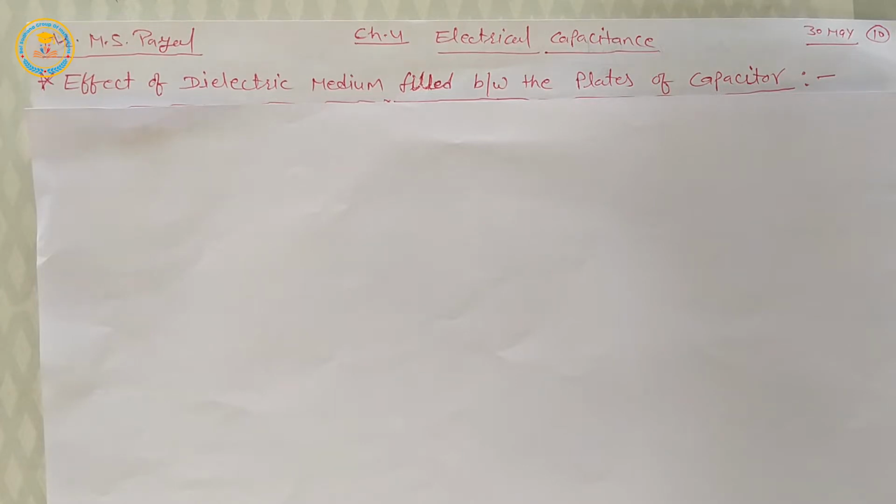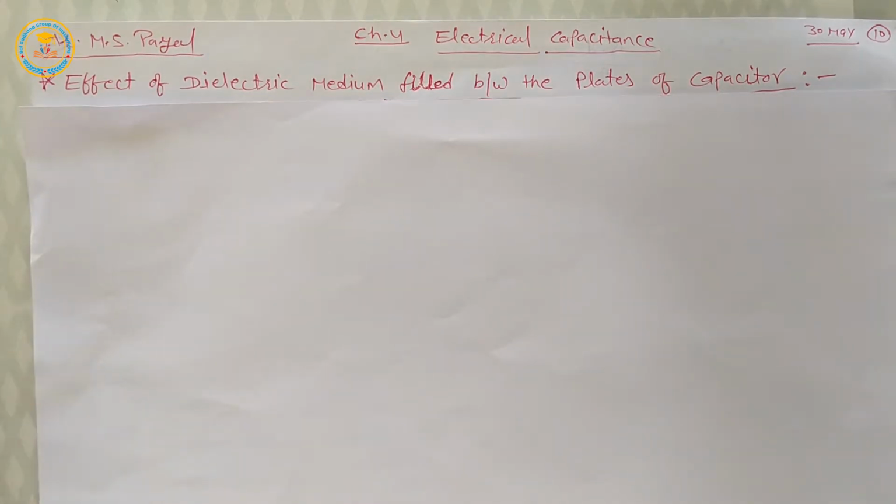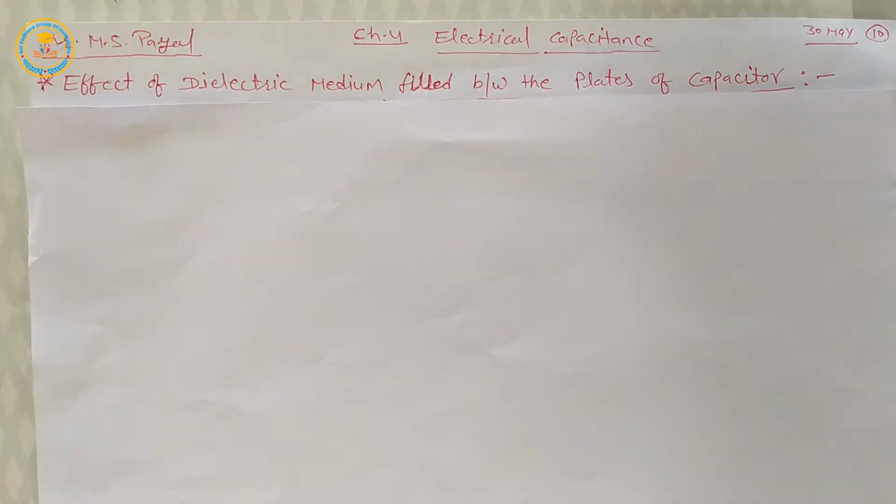And we determined the capacitance of a parallel plate capacitor: C is equal to A epsilon naught upon d. Here d is the distance between the plates of the capacitor, A is the area of the plates, and epsilon naught is the permittivity of vacuum.